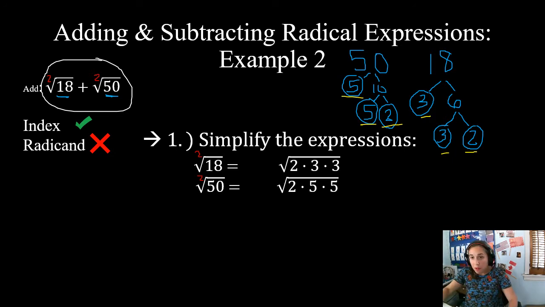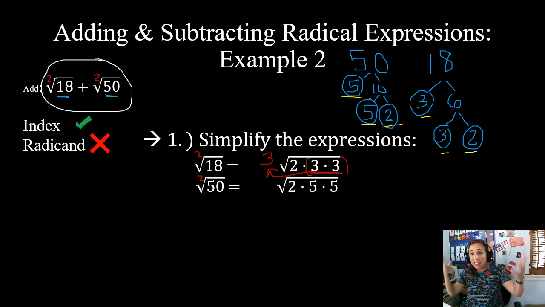The first expression, the square root of 18, we broke it down to 2 times 3 times 3. Are there any factors in there that appear twice? Well, yes, I have 2 copies of the 3. So I can pull those 2 copies out, right? 2 copies on the inside equals 1 copy on the outside. So 2 copies of 3 inside the radical will give me 1 copy of 3 on the outside.